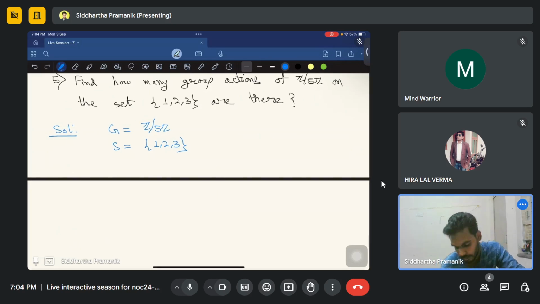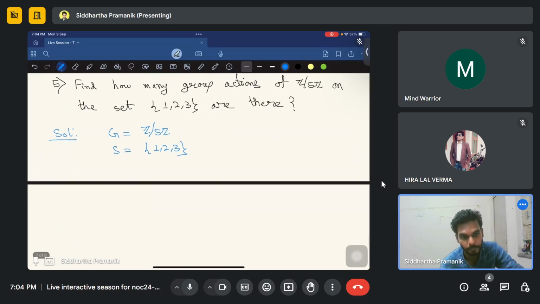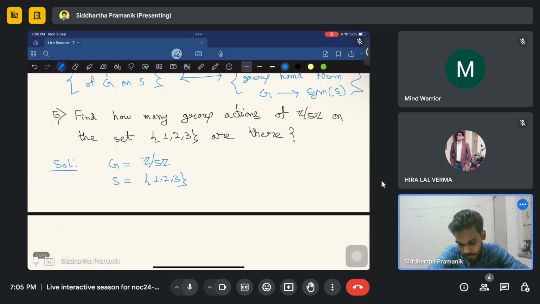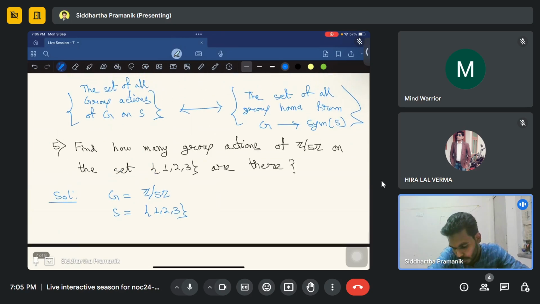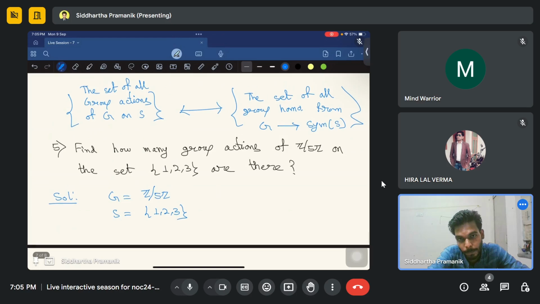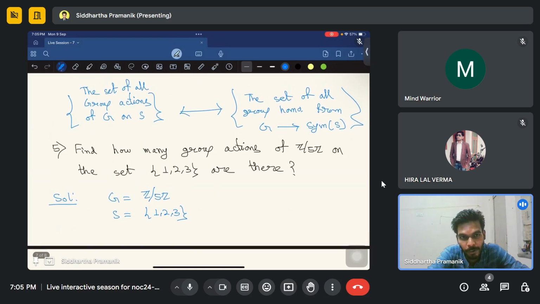You need the total number. Just use this bijective correspondence. Using this, do you have any answer?